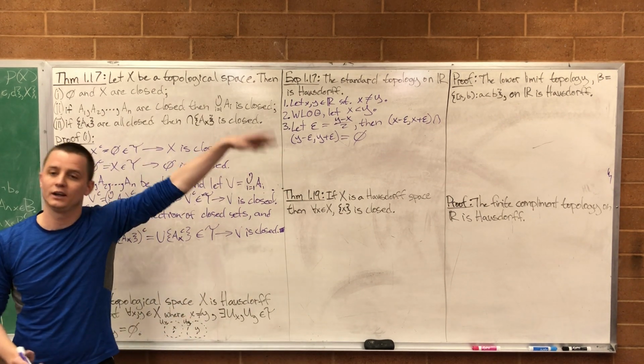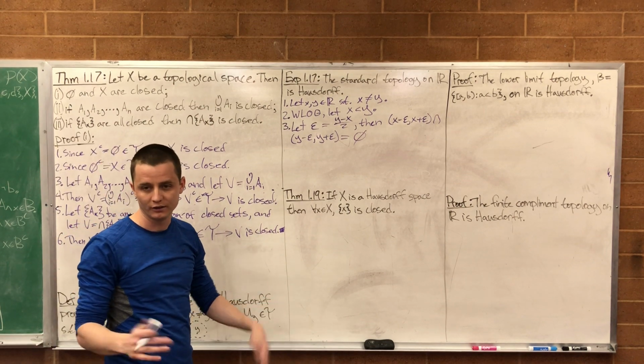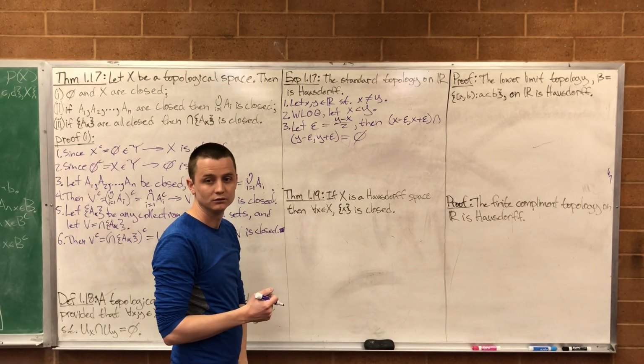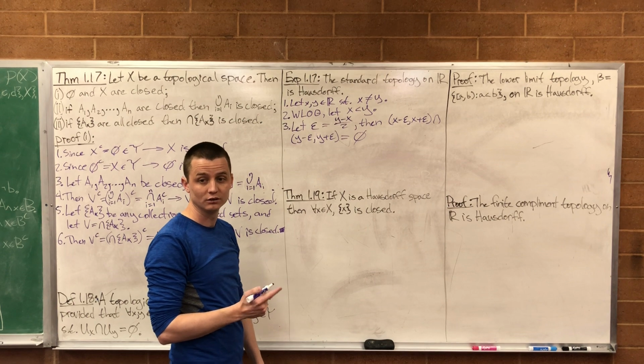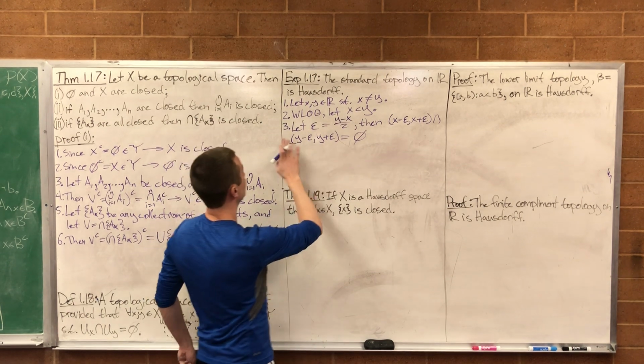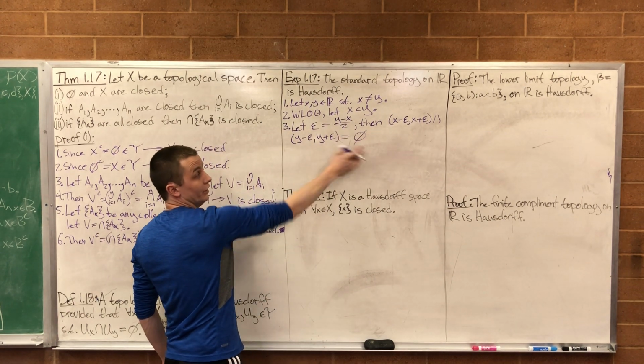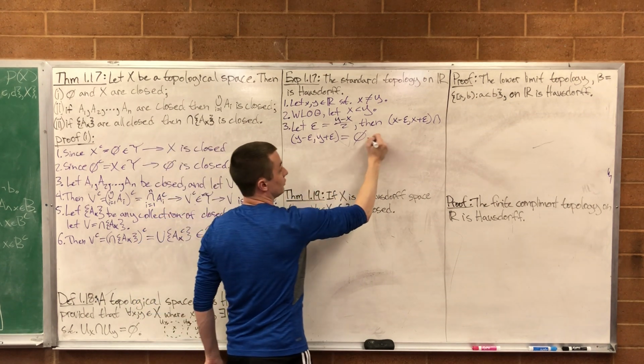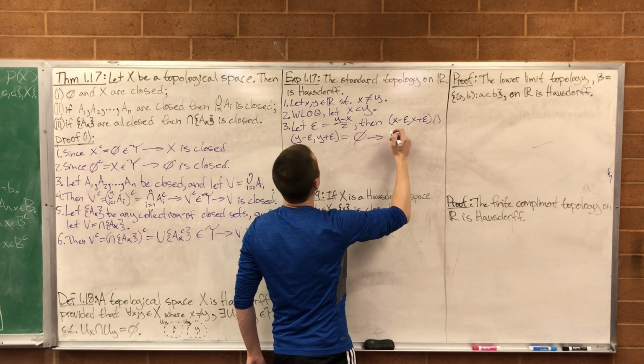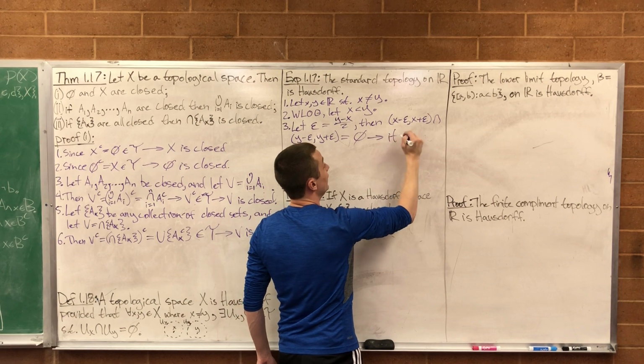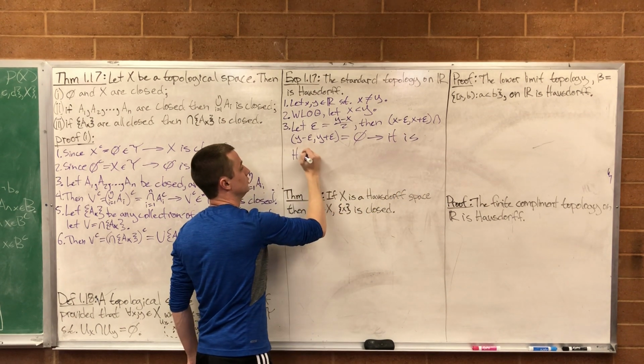We could write all that out with inequalities, but I think you know how to do that. That'd be real easy. So their intersection is the empty set, which gives us that it is Hausdorff.